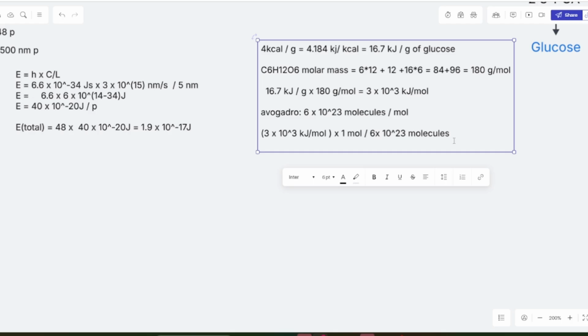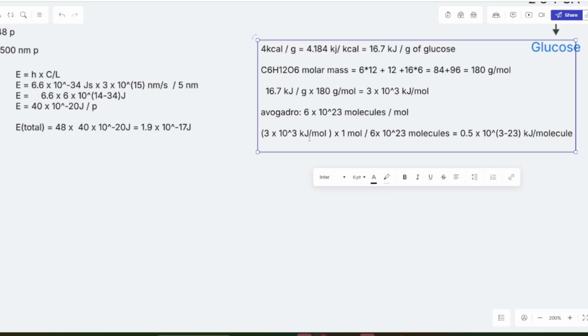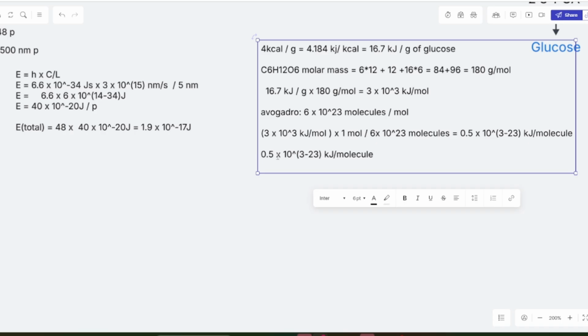All right, so now getting close to the end here, we need to calculate the value of this number. So be careful with the units. We've got 3 on the numerator there, and then we've got 6 on the denominator. So that's going to be 0.5 times 10 to the 3 minus 23. Units are kilojoules per molecule. Let's take this number and whittle this down a little bit. Well, this is going to be minus 20.